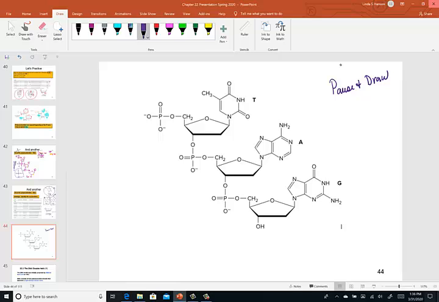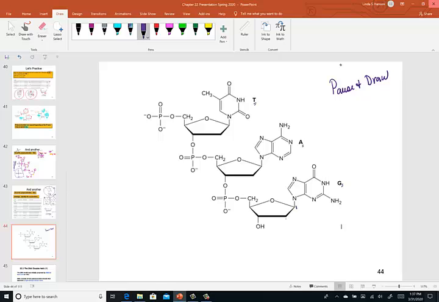Instead of having just a box of T, take the time to actually draw in the base, thymine. Instead of having just a box with the letter A, take the time to draw an adenine, and the same for guanine. Thymine is a 1-ringed base, but adenine and guanine have 2 rings in their structure.